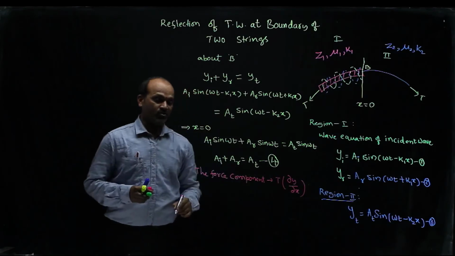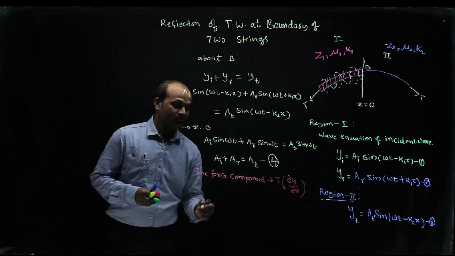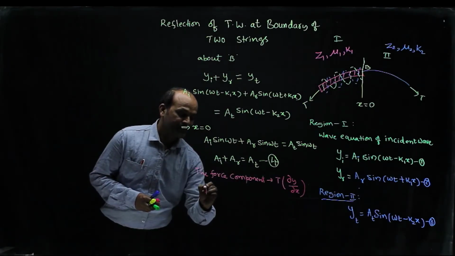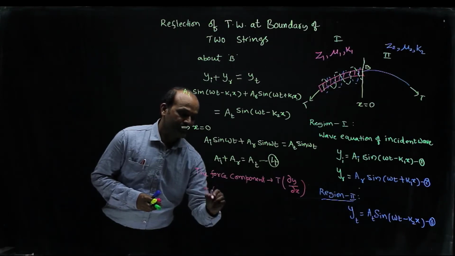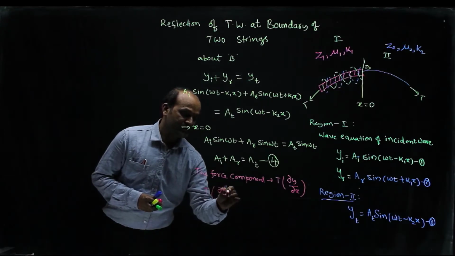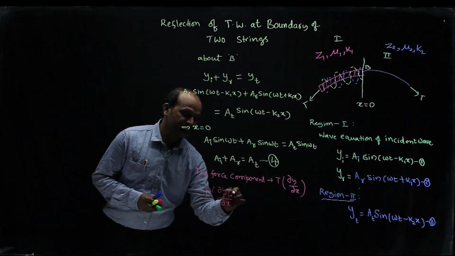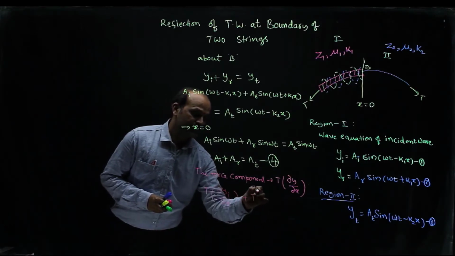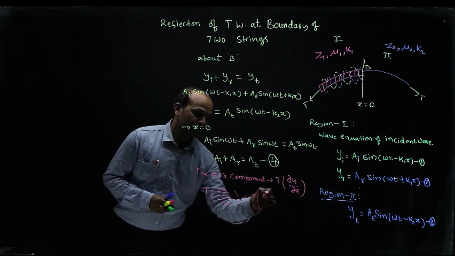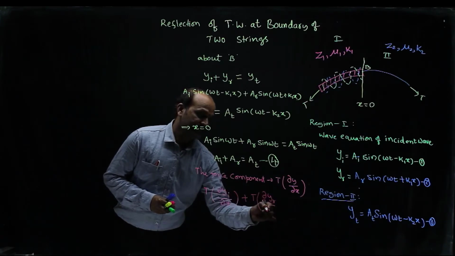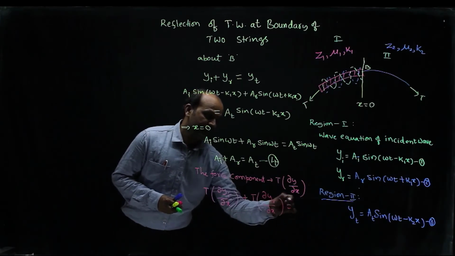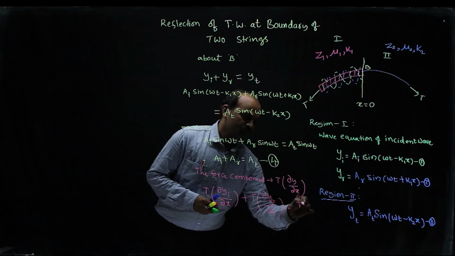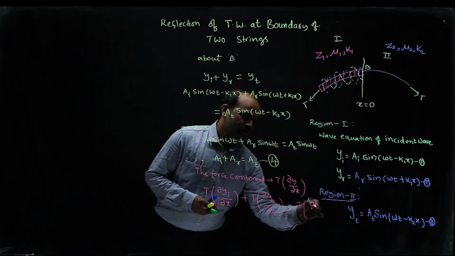So in region 1, the force component is T into dou by dou x of the incident wave plus dou by dou x of the reflected wave, and this should be equal to T into dou yt by dou x.